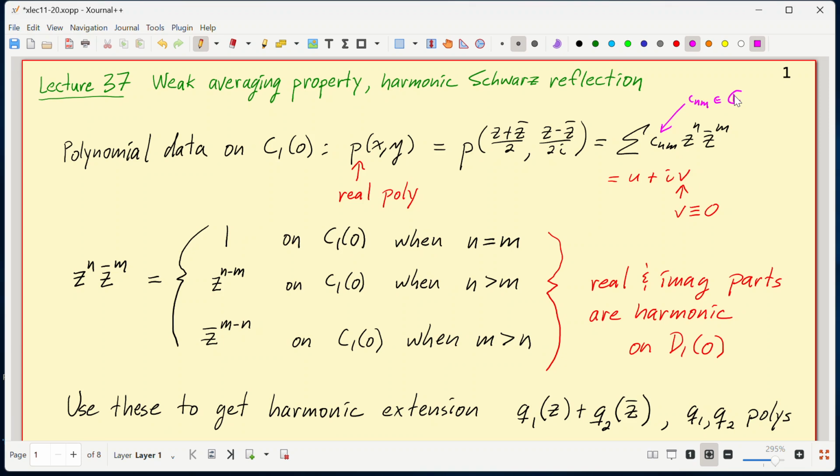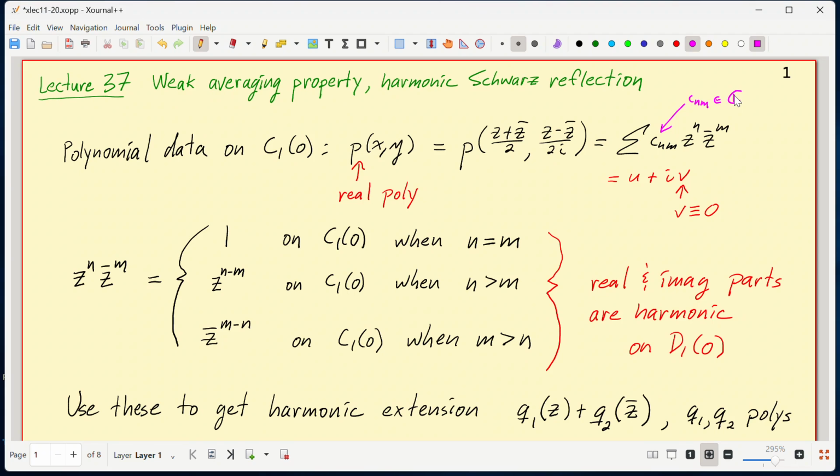It could be a different polynomial. In fact, it's a harmonic polynomial. So you start out with a polynomial p that wouldn't be harmonic, but you can get a harmonic polynomial that has the same boundary values.